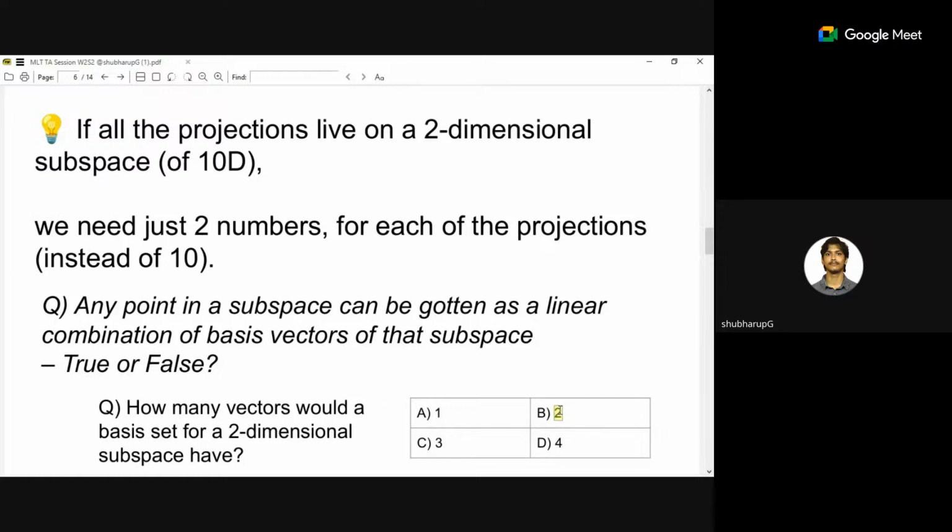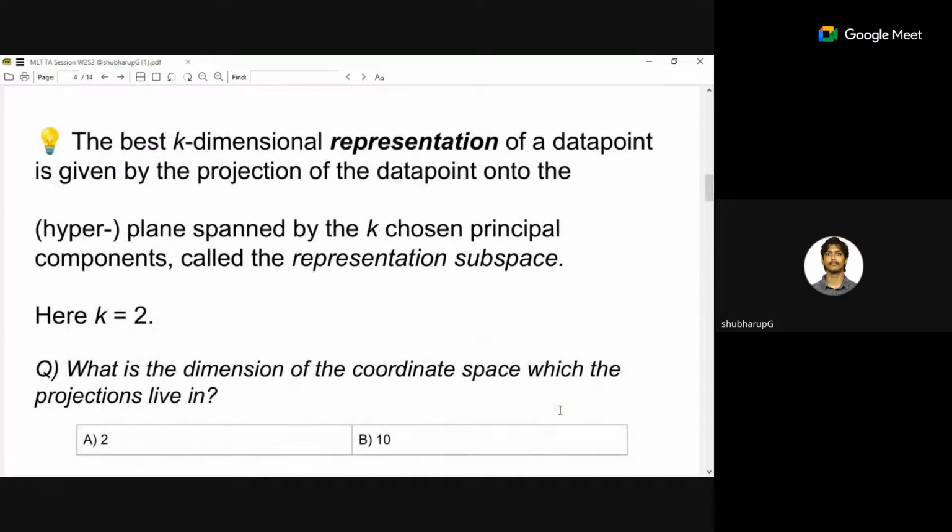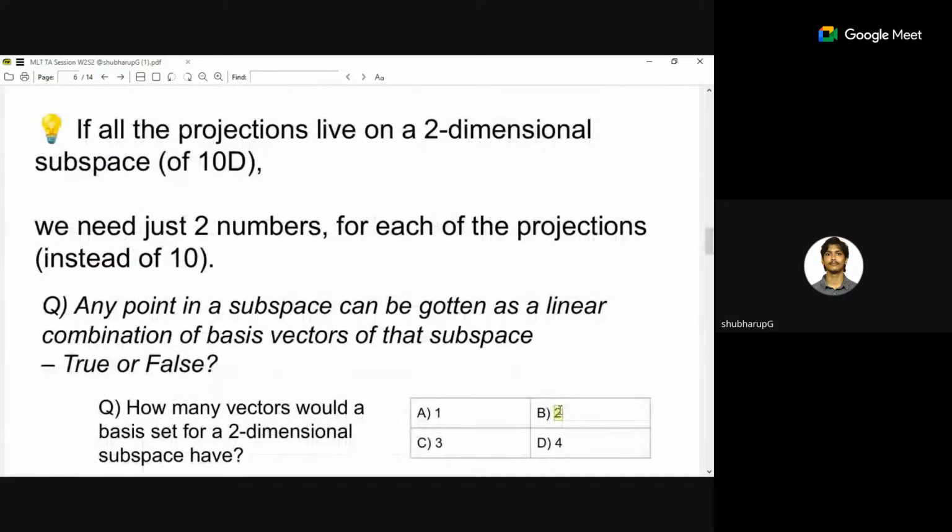But here's one of those things: if you have pairs of data points A, B and C, D in 10D, and A and B were further apart than C and D, then this should be preserved in this two-number system also.